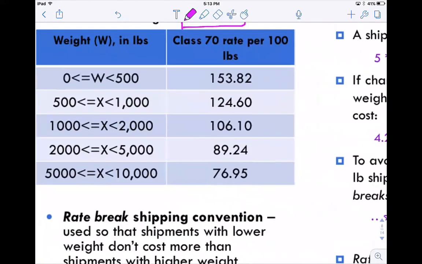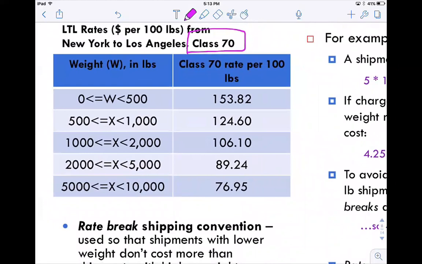If you carefully look at it, anywhere between 0 to 500 pounds, they are asking us to pay $153.82 per 100 pounds. And if my shipment is between 500 to 1,000, they are charging me $124.60 per 100 pounds, and so on and so forth.